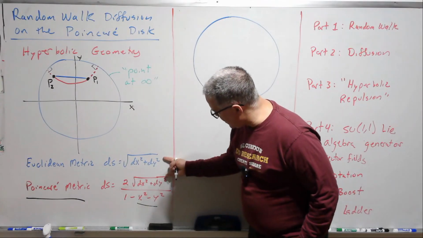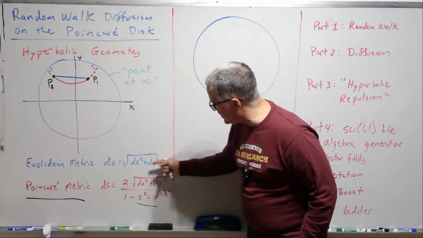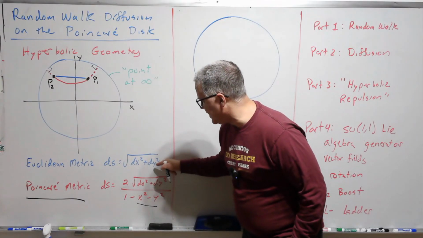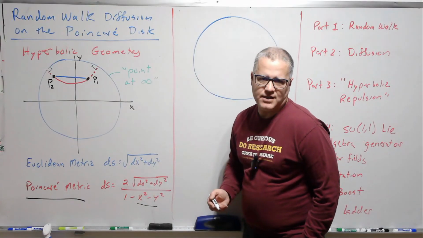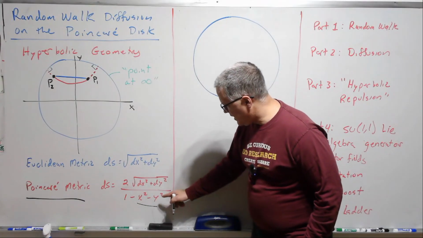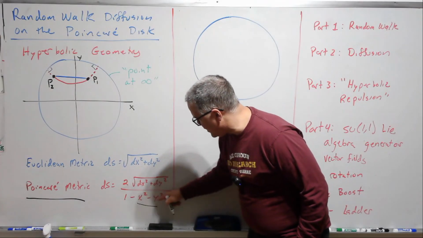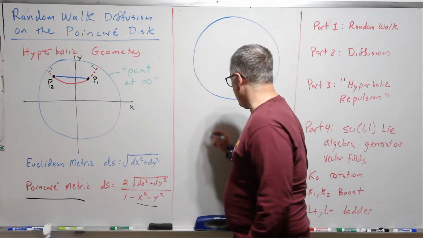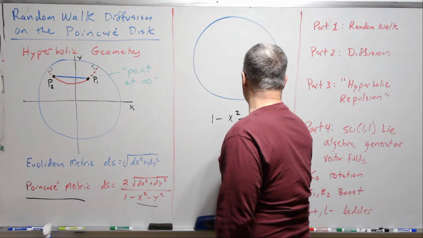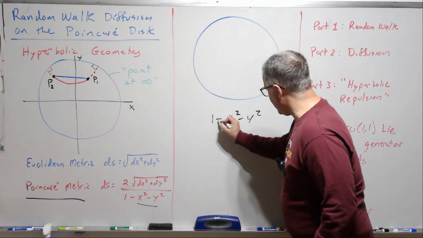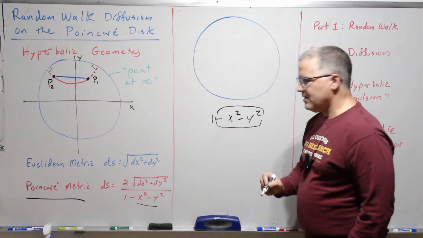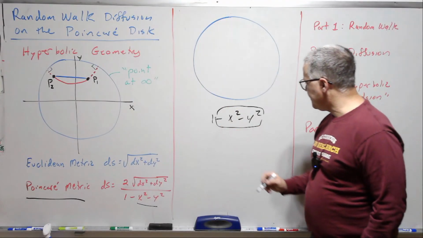So the numerator is the same as the typical Euclidean distance. So this is basically the Pythagorean theorem. Here, we have that in the numerator, but the denominator is 1 minus x squared minus y squared. And if we notice this here, that's x squared plus y squared, negative.